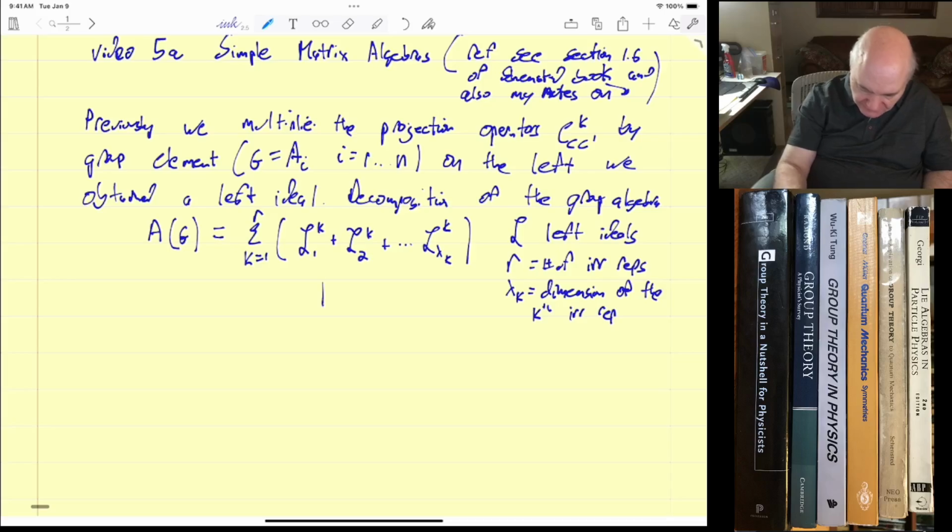Now the thing is, this decomposition, as we showed in some earlier videos, is not unique.